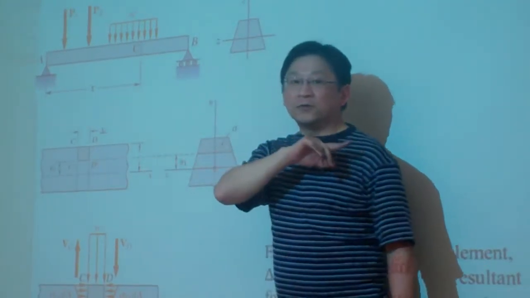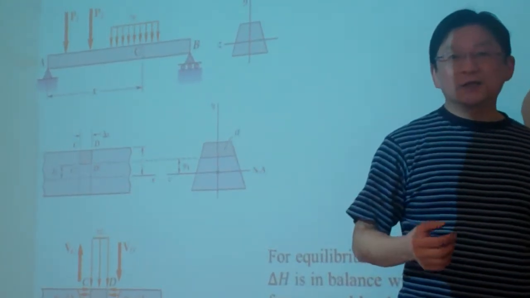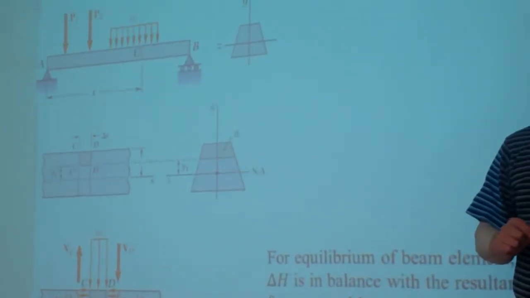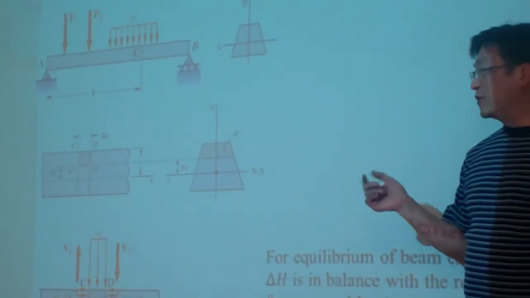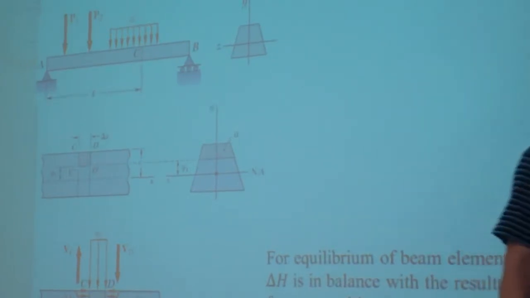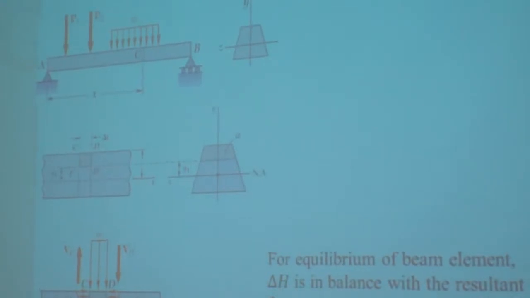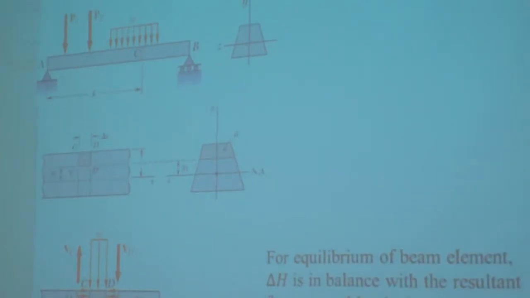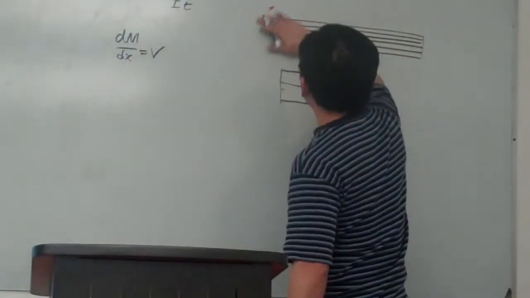Horizontal force will work to delaminate or crack the materials. The horizontal force won't exist in the case of pure bending. So that is the most important concept, you have to pick it up. With this in mind, let me go back to the original, the general scenario.